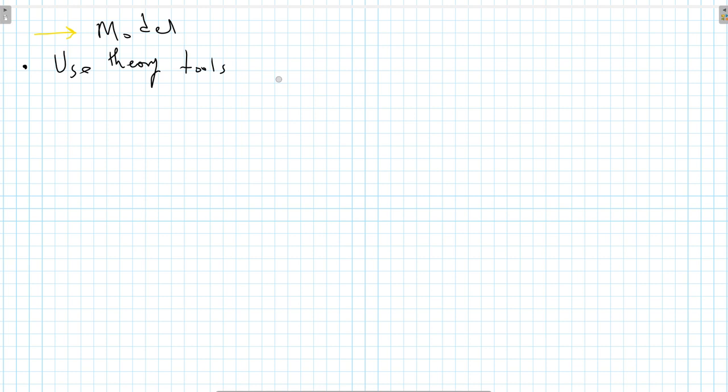The theory tools are just what I mentioned before on the previous page: probabilities plus Newtonian mechanics. We're going to use this to make a very simple model of gas.